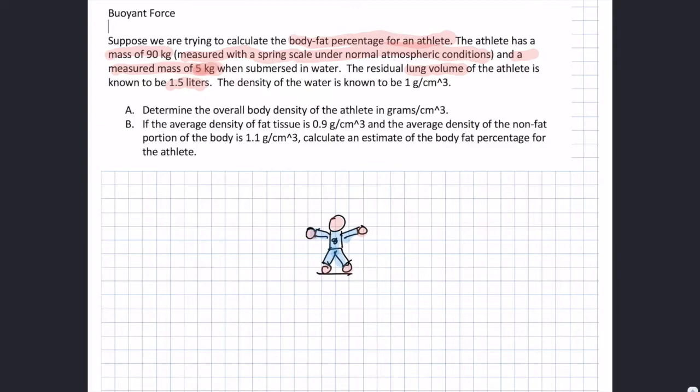Given all that, and the density of water is 1 gram per cubic centimeter, which is, by the way, the same thing as 1,000 kilograms per cubic meter, what we want to do here is determine the overall body density of the athlete, and the units we want to report in are grams per cubic centimeter.